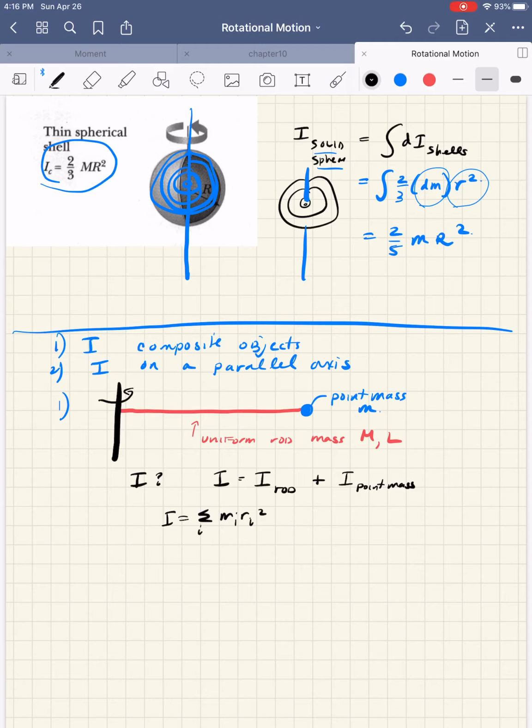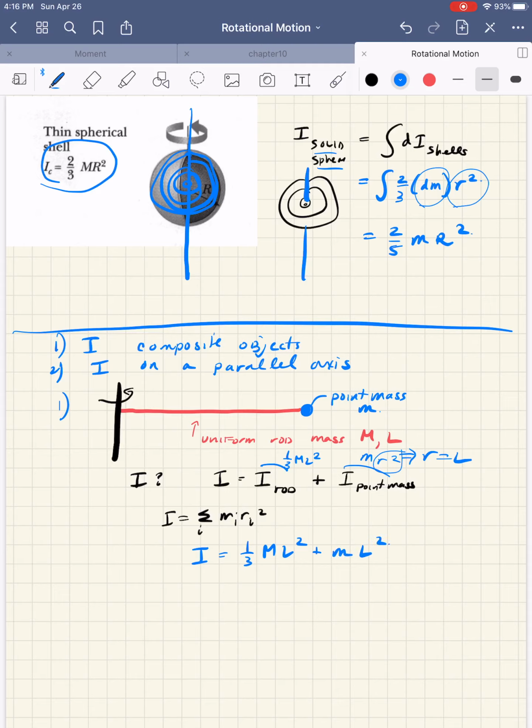So I already know the moment of inertia of a rod around its end. We found it to be 1/3 ml squared. And the moment of inertia of a point mass is just mr squared. R is the distance away from the axis of rotation. Well, here r is equal to L. So for the composite object, which is just two objects stuck together, I'll have 1/3 ml squared plus little m L squared.